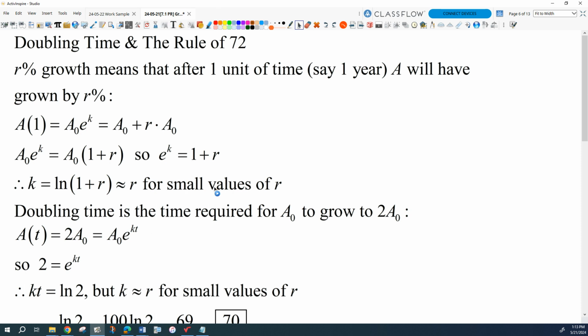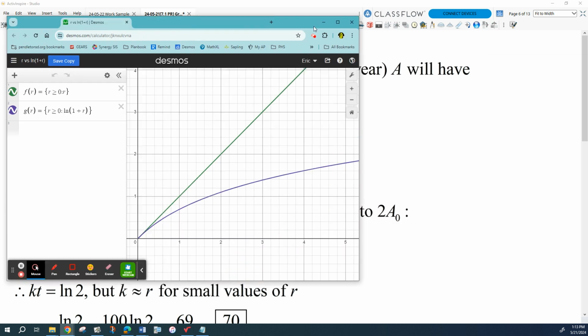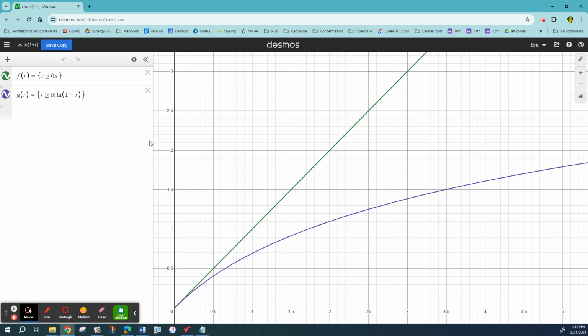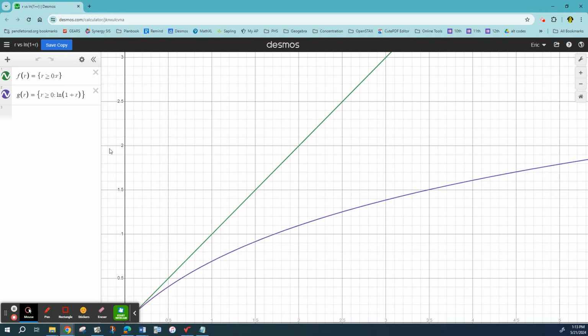So if we go down here, here's what we're saying. k can be approximated by R. So k is approximately equal to the growth rate because of this. I'm sure you're really surprised I cooked up a little Desmos document here. So here is R, the growth rate, and here is the natural log of 1 plus R. Well, look, they seem to diverge.